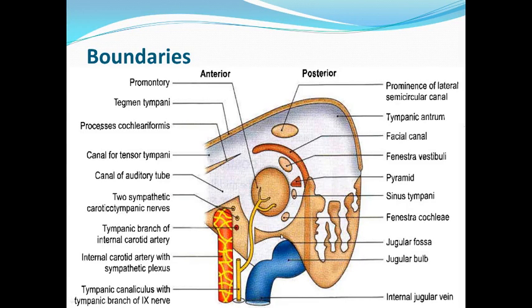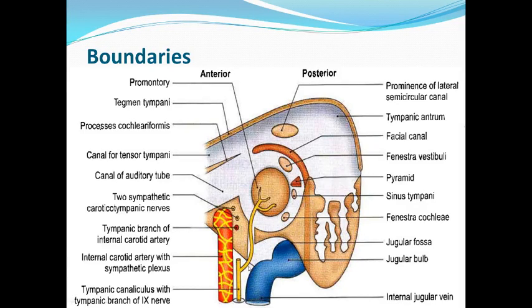Now, moving towards the medial side of this floor, the jugular wall or jugular plate, there is a canaliculus known as the tympanic canaliculus. This tympanic canaliculus transmits the tympanic branch of the ninth cranial nerve, the glossopharyngeal nerve.